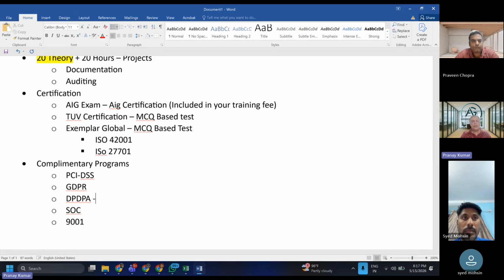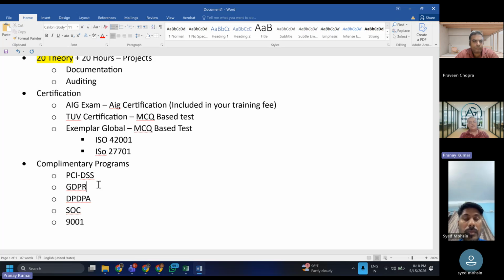For DPDPA, the Government of India has a certificate. They don't charge you any money, so you can directly go there, give the exam and get your certificate. From 2027 onwards, DPDPA is going to be a very big play, especially in the Indian environment. If you are serving or targeting organizations that handle Europe, like HCL, then GDPR becomes necessary.